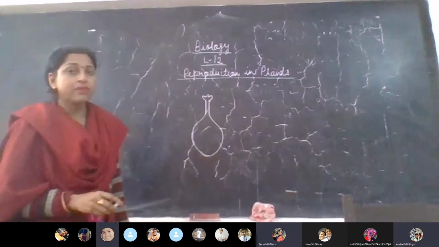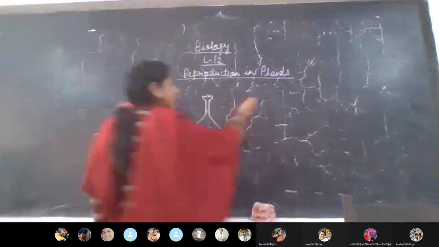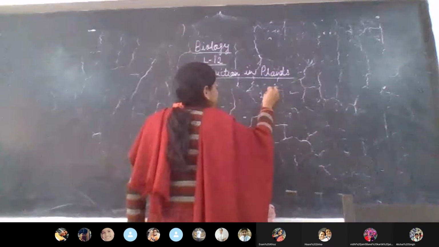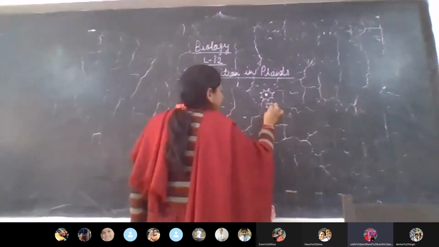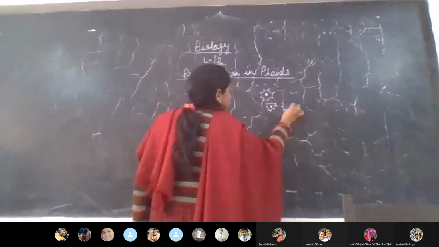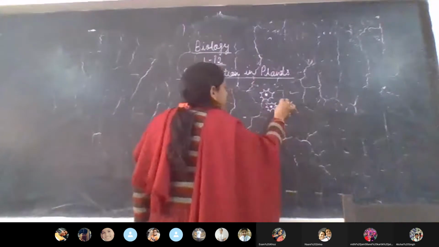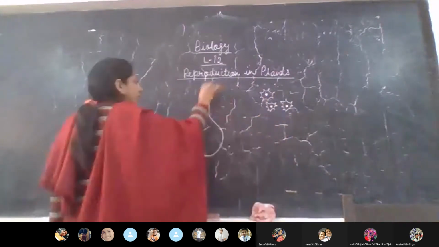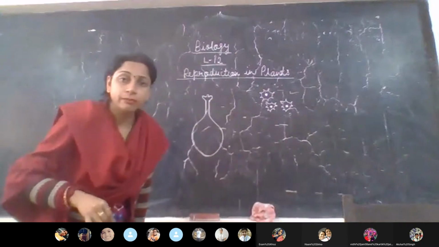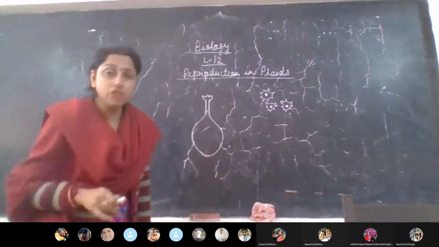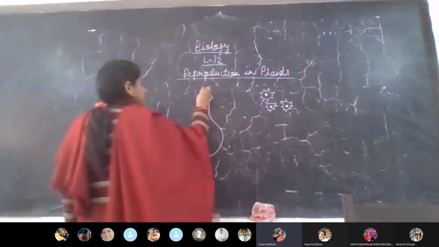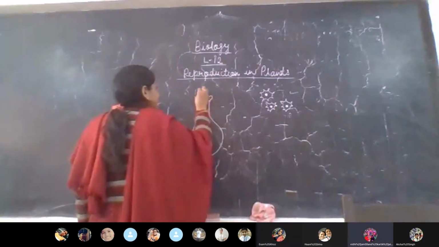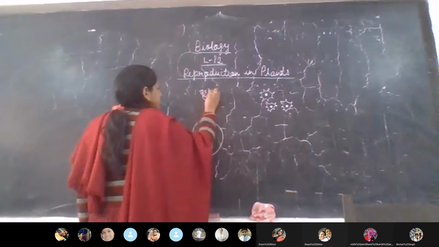Now from somewhere these pollen grains will come and they will shift to the mouth of the pistil, which is called the stigma. So they will come here.